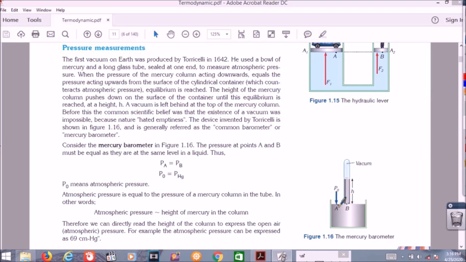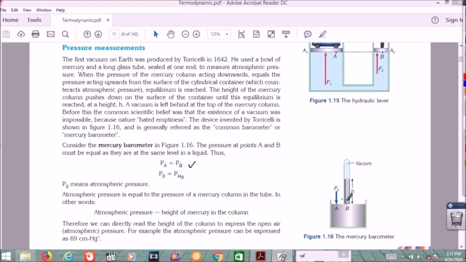If we focus on two points here, A and B, you see A and B are at the same depth, the same level, so PA and PB are equal. At point A, remember, when we talk about pressure, we talk about the object or something above it. Above point A there is the atmosphere, so the pressure at A is the atmospheric pressure P0.